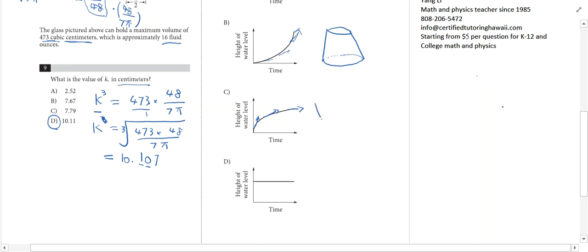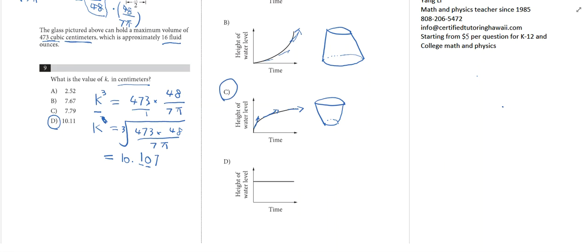So that's the case for our question, like this. Okay? Now for the D, what is it? The height and the time, the height keeps the same. That means the water is at a certain level and not increasing. That's not the case for this question, because they keep pouring water into the container. So that's why the correct answer for number 10 is the C.